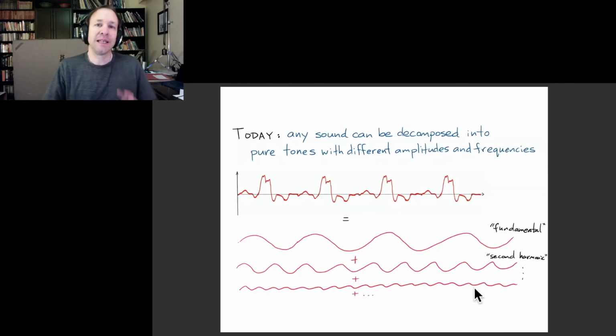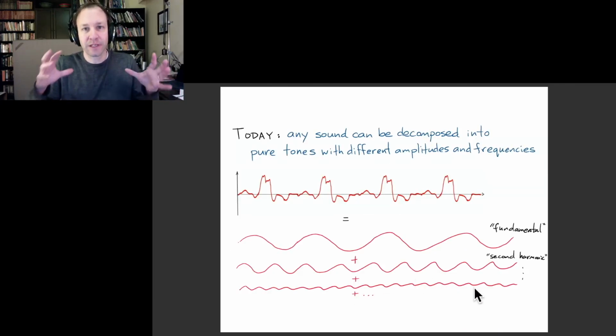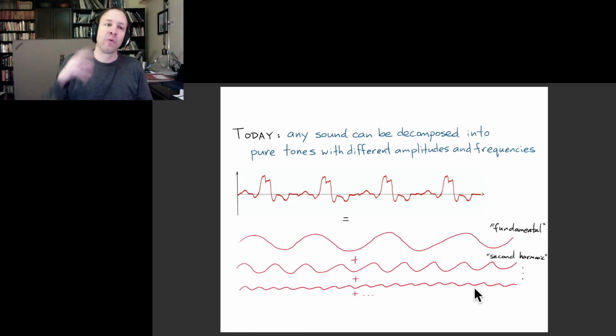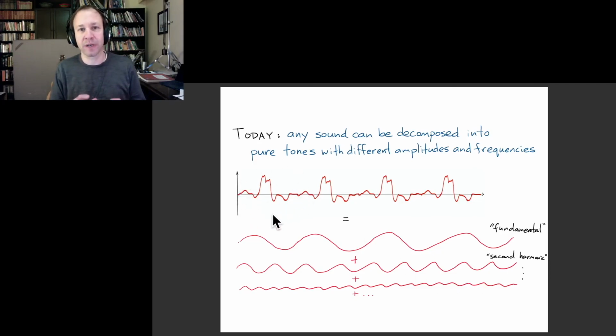So in the next video, which is going to be a really important one, what we're going to talk about is how we can make sense of these different shapes that correspond to the different qualities of musical notes, the different timbres, and these shapes that distinguish a piano sound from a trumpet sound. And it looks very complicated to describe the features of a time graph like this.